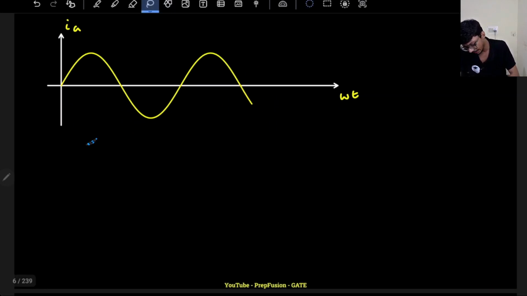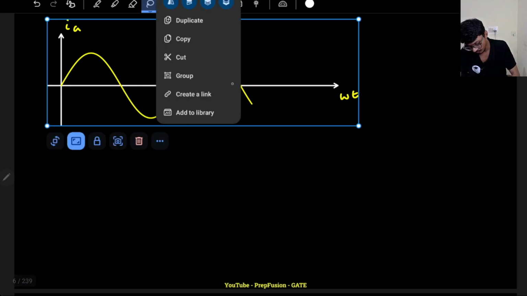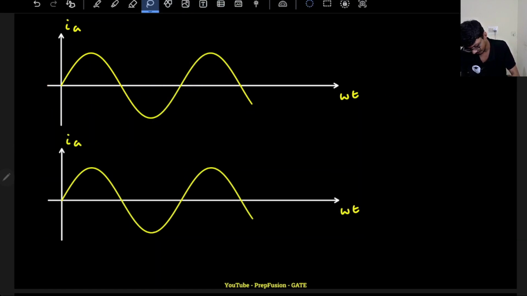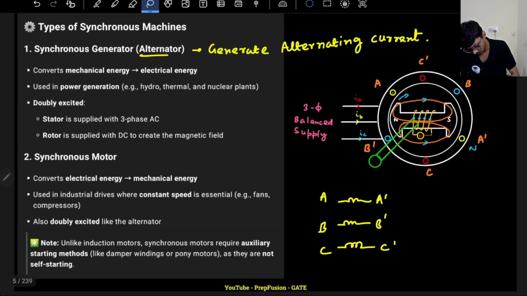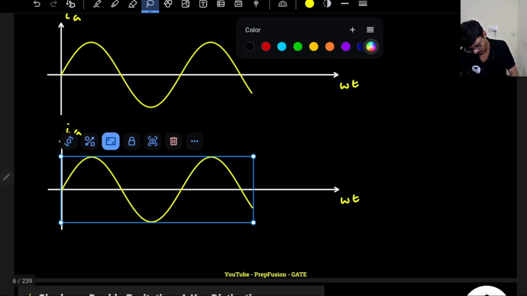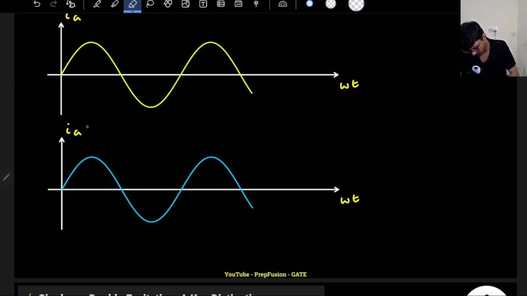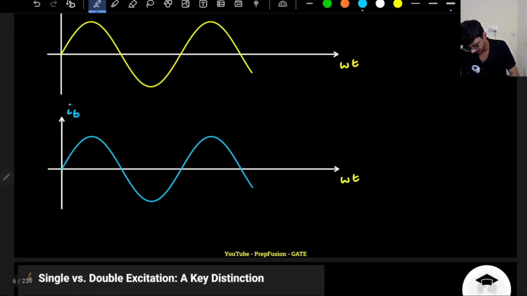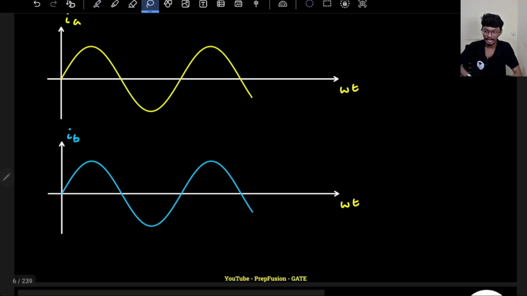Now what will be IB? IB will be the same waveform but 120 degrees phase apart. It will lag by 120.